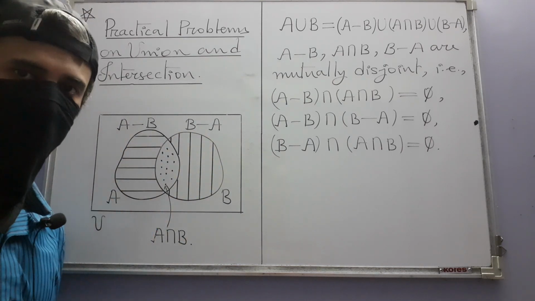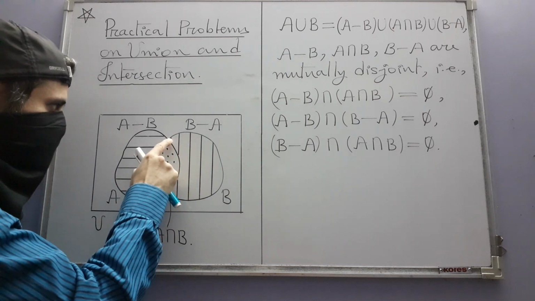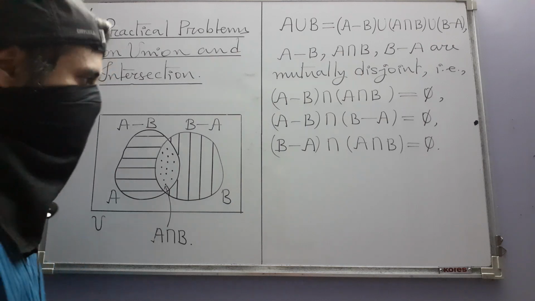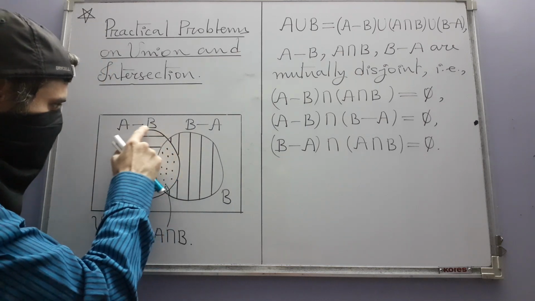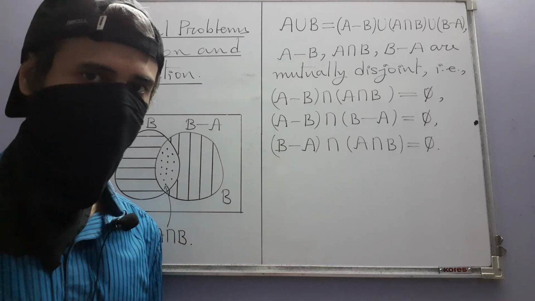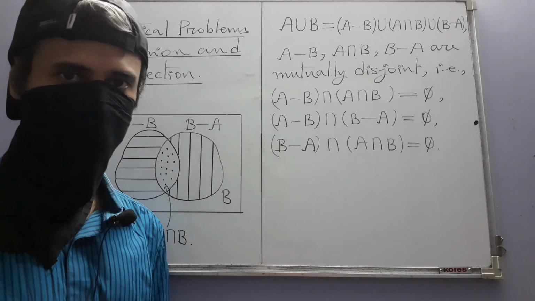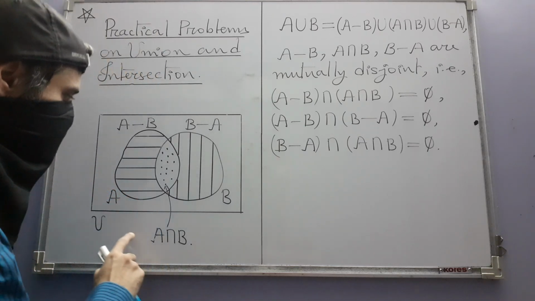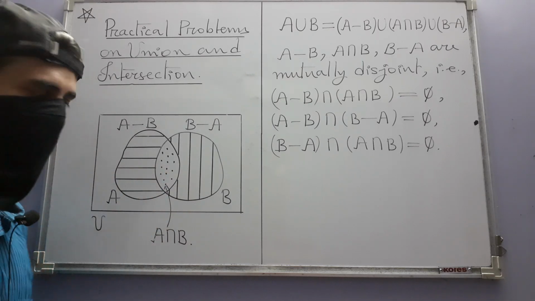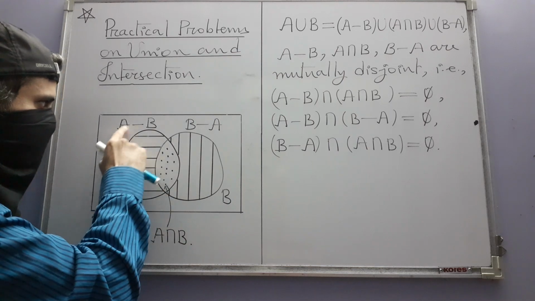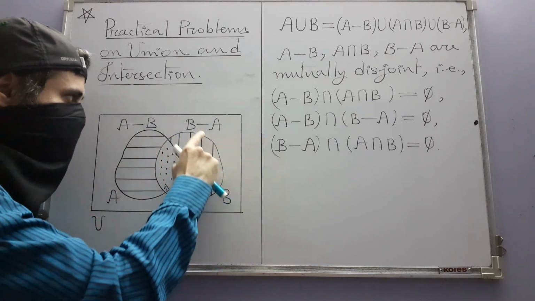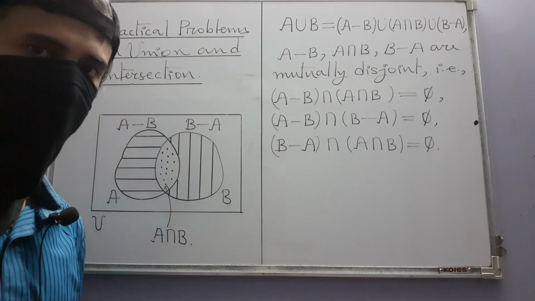Obviously, they are also going to be finite. For example, since A is finite, A has only finitely many elements. And A difference B, that means this region, is a subset of A. So, automatically it will also have finitely many elements, maybe less elements than A. So, that is why A difference B is finite. Similarly, finiteness of B implies that B difference A is finite.